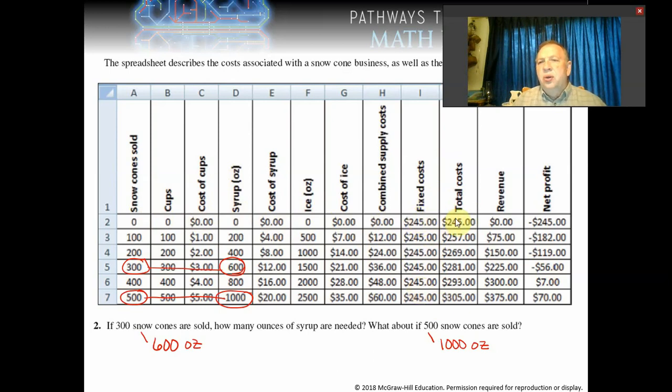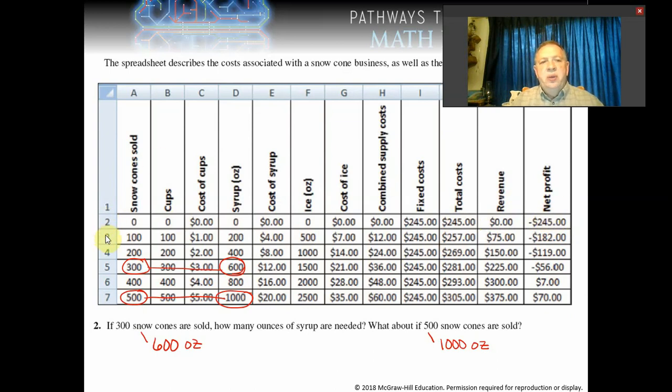That's going to give me my total cost. I'm not going to make any revenue, so my net profit is my revenue, 0, minus my total cost of $245, so my net profit is negative $245.